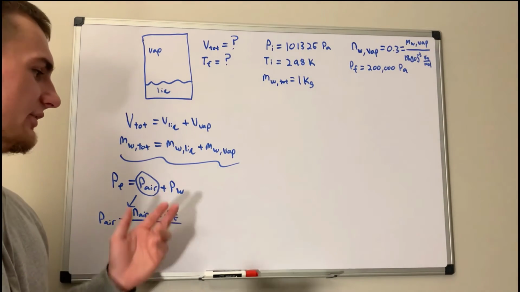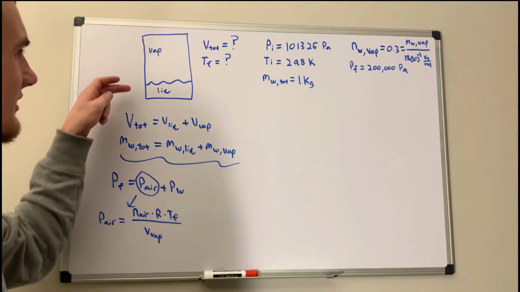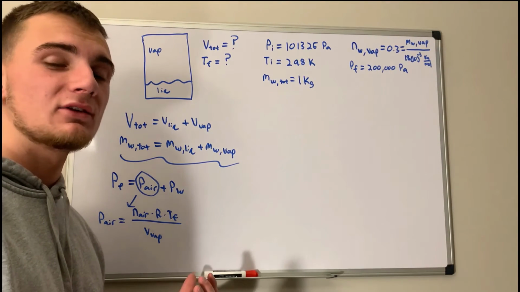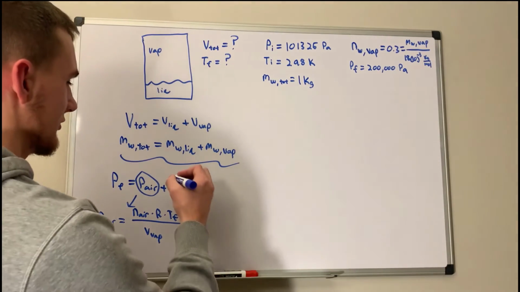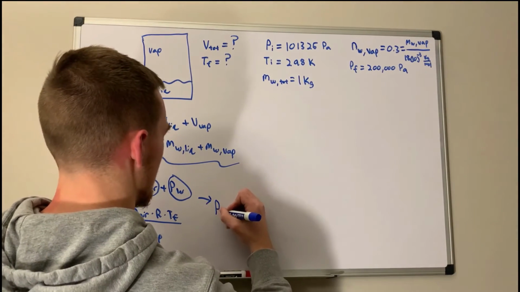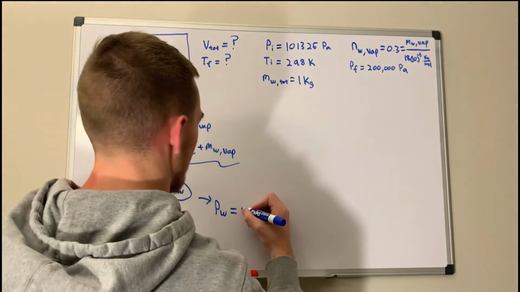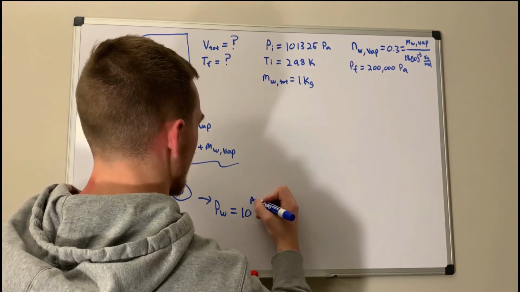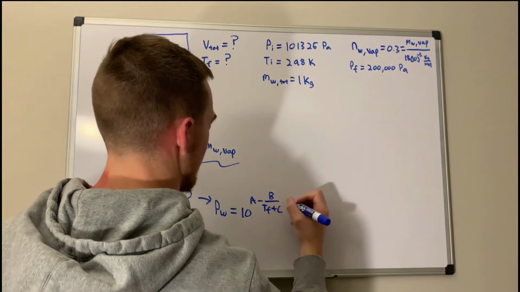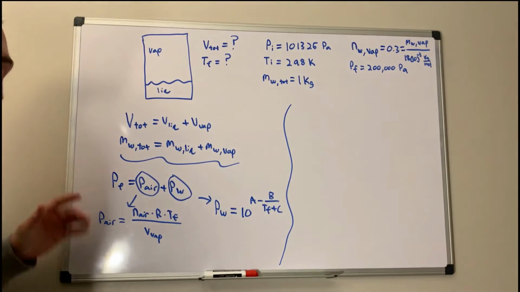Now for the partial pressure of water, we can utilize the Antoine equation, since the liquid water exerts a certain vapor pressure at a given temperature. Using the log rules in the Antoine equation, the partial pressure of water will equal 10 to the A minus B over the final temperature plus C. So now we have these relationships.